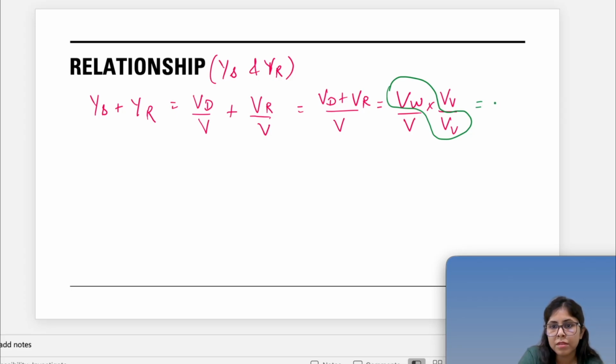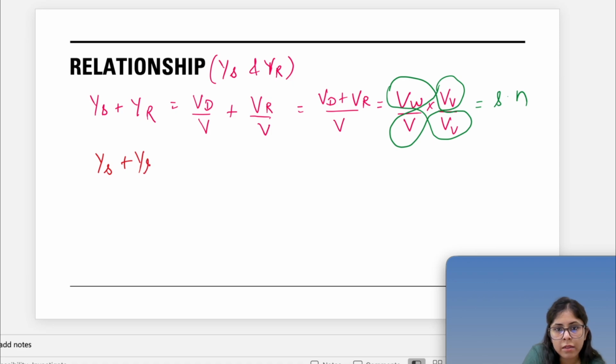It becomes saturation, right? And if I take volume of void to the total volume, it becomes porosity. So simply now I can write that Ys plus Yr is nothing but n into S.